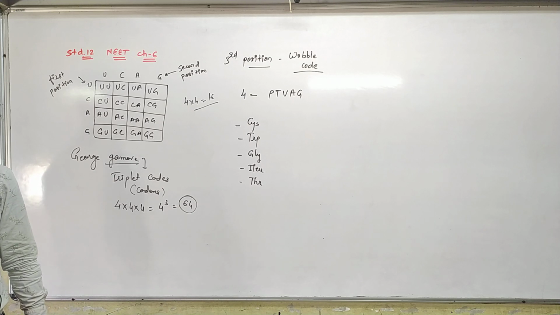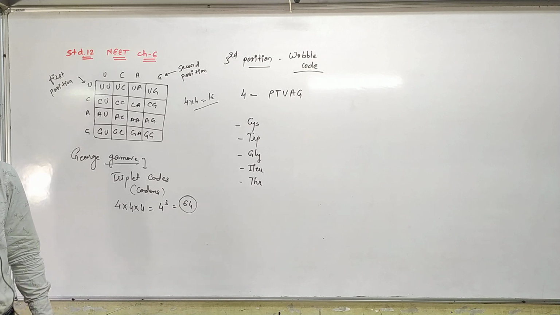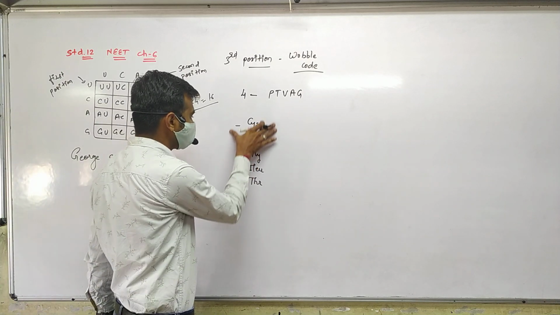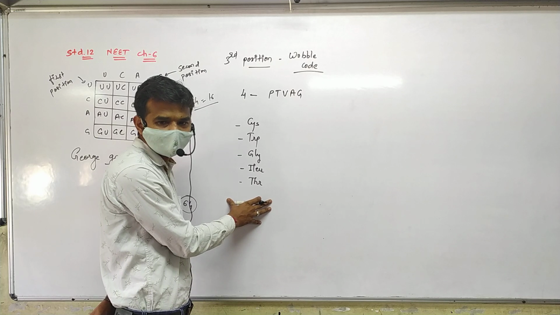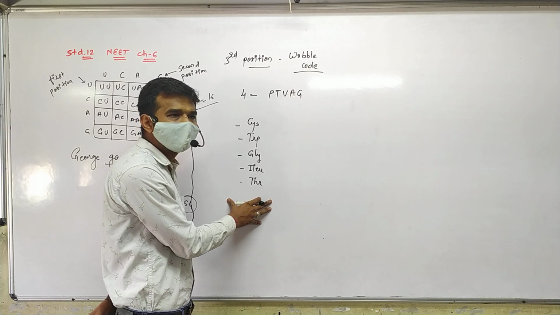According to the number of genetic codons represented by these amino acids, arrange them in ascending order.